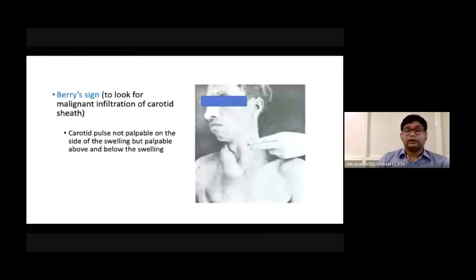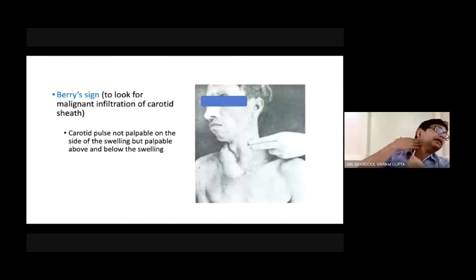Berry's sign is to look for actual malignant infiltration of the carotid sheath. What happens in malignancy of the thyroid is that the carotid sheath is infiltrated. So once you palpate for the carotid pulse just lateral to the swelling, you may not be able to demonstrate the pulse.